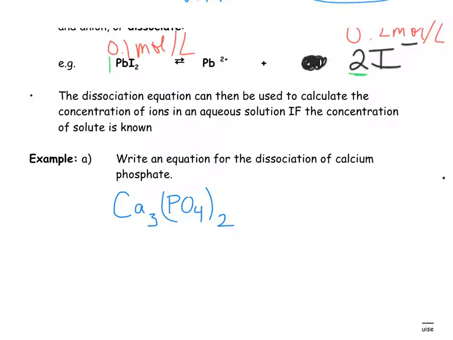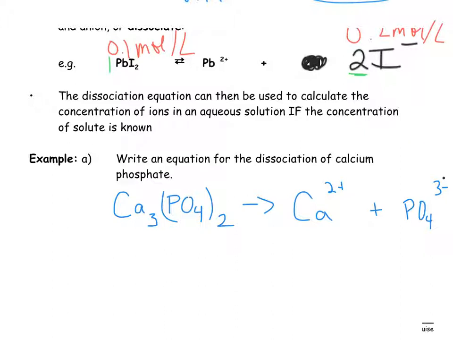So then I'm going to dissociate that. I'm going to start by writing out each ion with its ionic charge, so Ca2+ and PO4 3-. And you can't leave those out because it is an ionic dissociation. So without those charges there, you haven't done it properly.